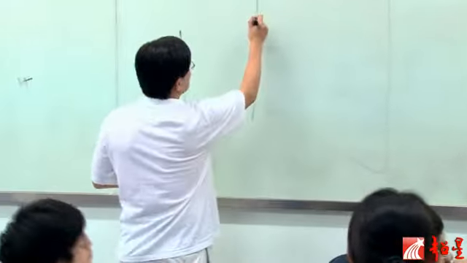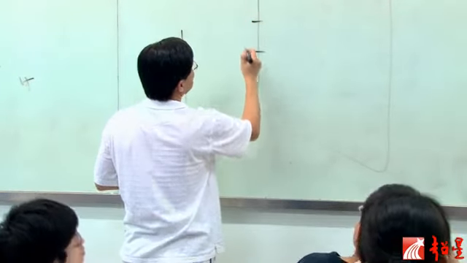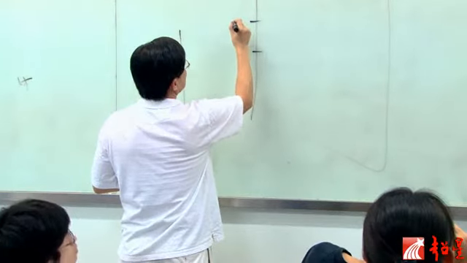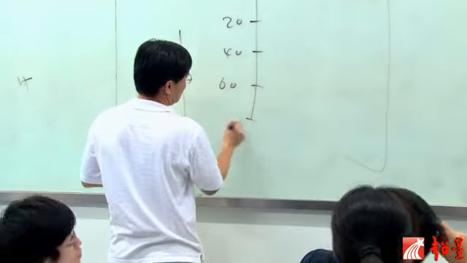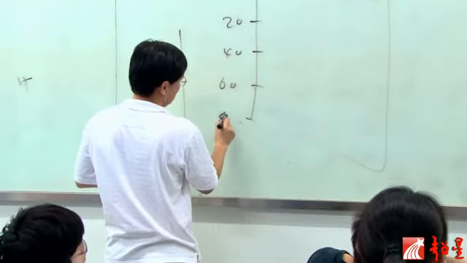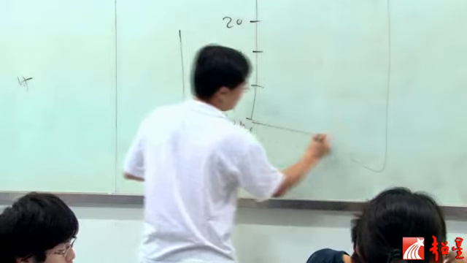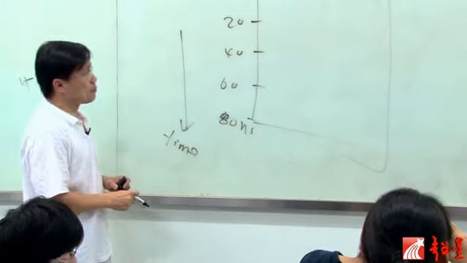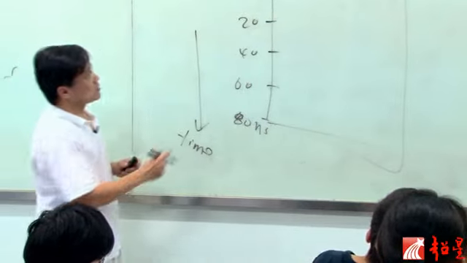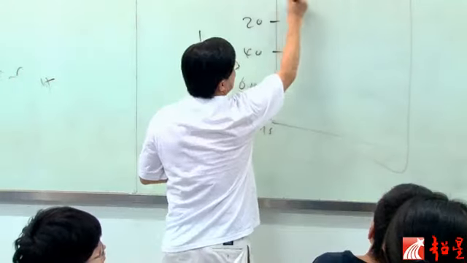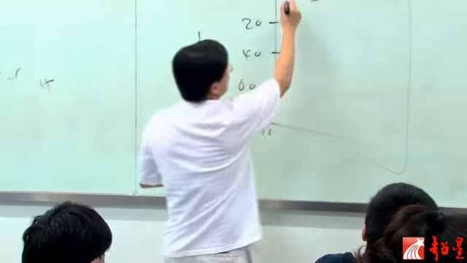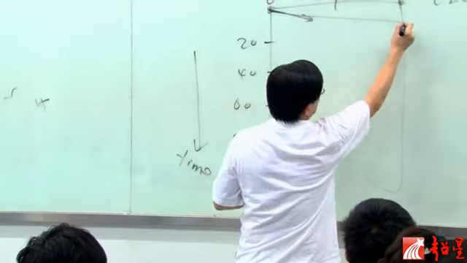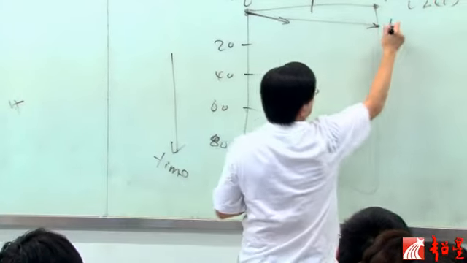Okay, so basically this is what we can do. We can see this is 20, 40, 60, and 80 nanoseconds. Okay, so then what happens is when the wave enters the circuit, it will take 10 nanoseconds to reach this point, right?